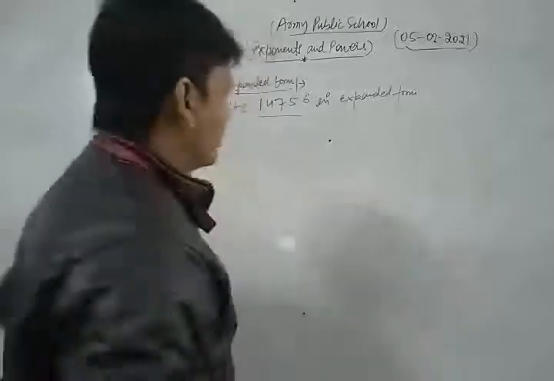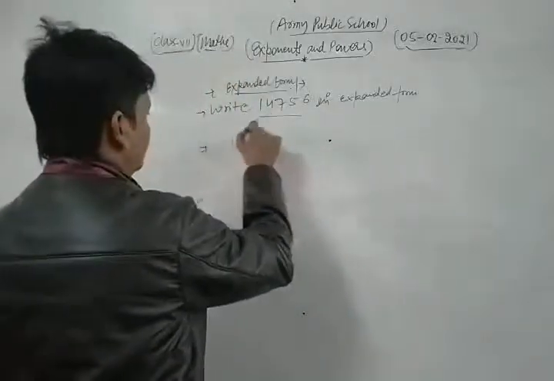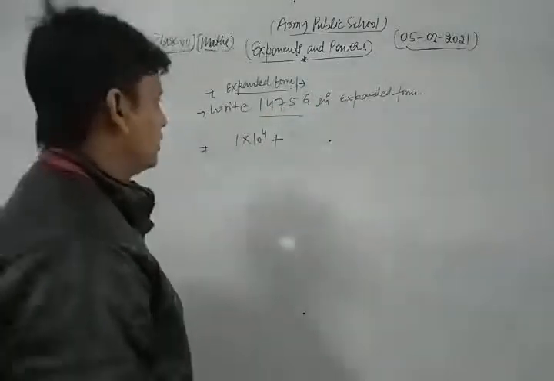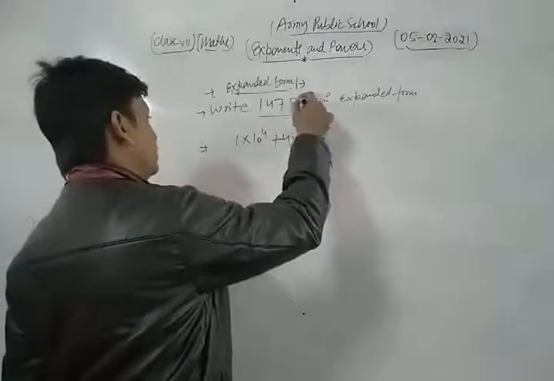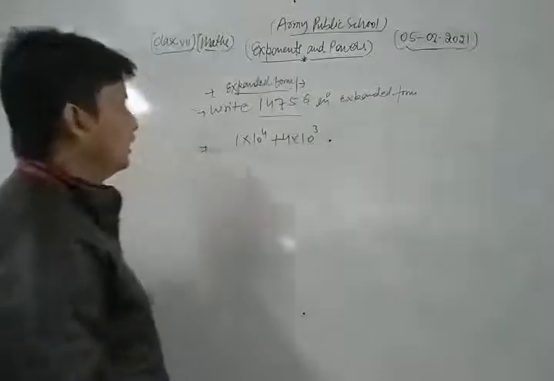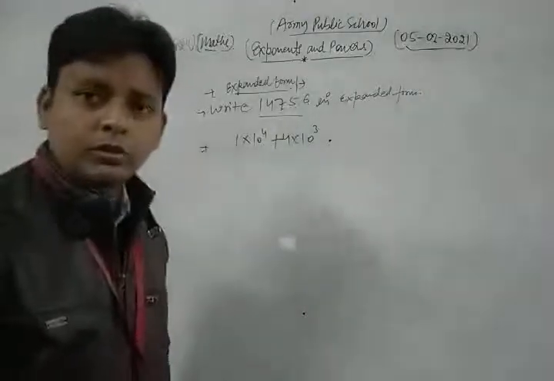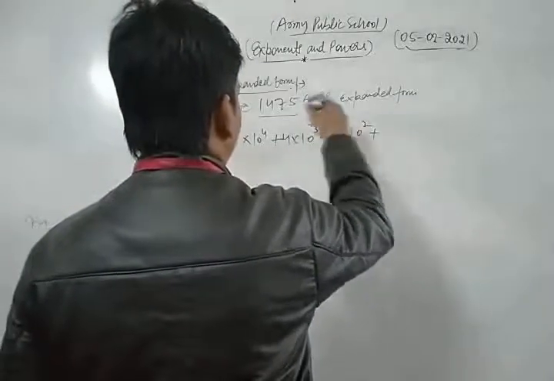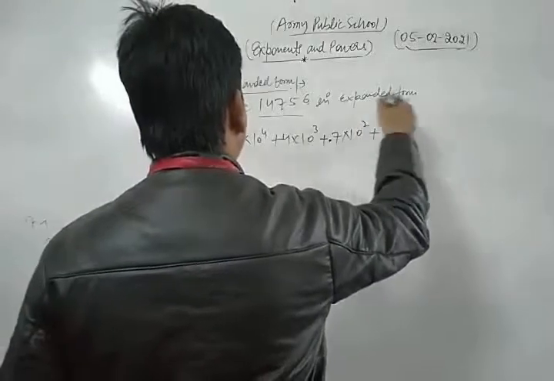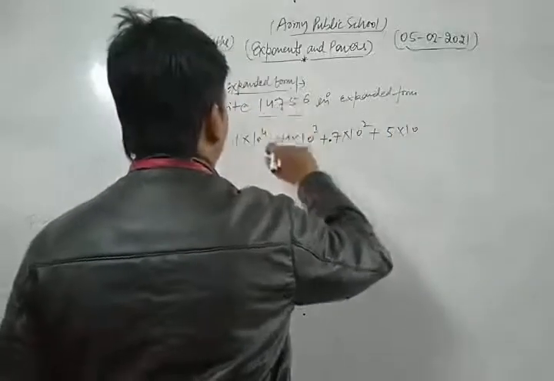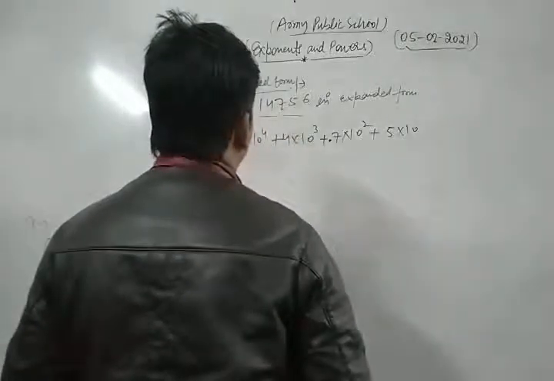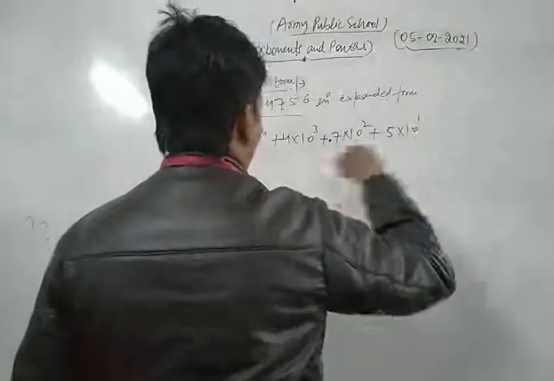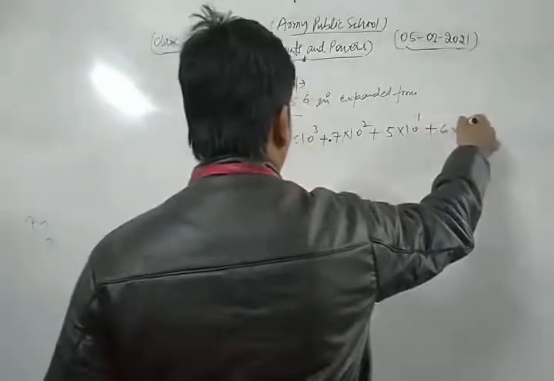Let's see. Firstly we write 1 into 10 to the power 4 plus 4 into 10 to the power 3, and here 7 into 10 to the power 2, plus 5 into 10 to the power 1, and 6 into 10 to the power 0.